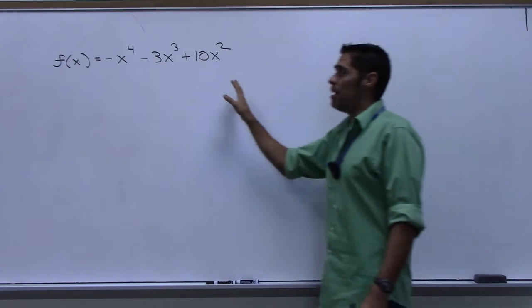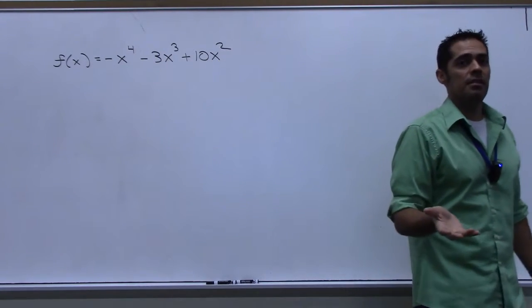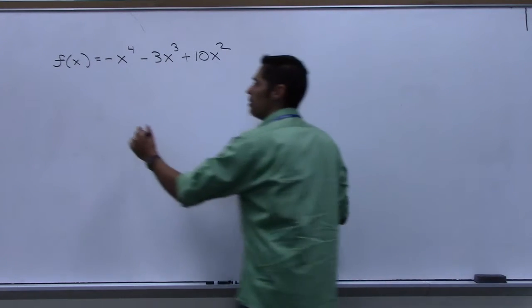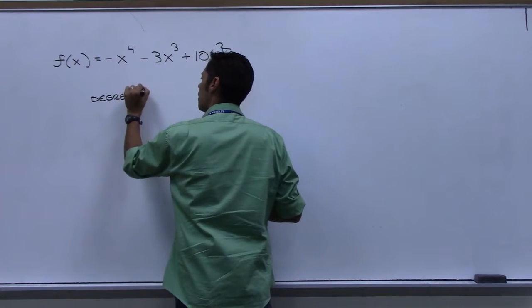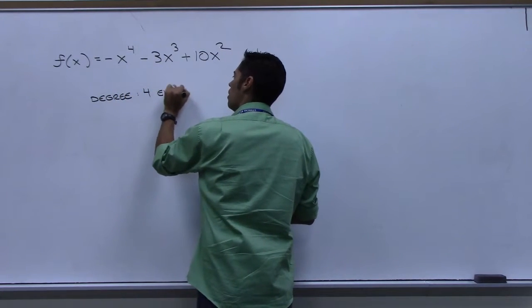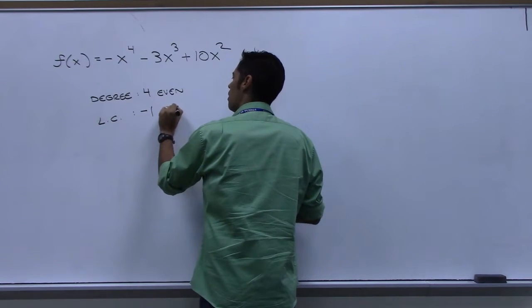Now the good news is that when it's not factored, the degree and leading coefficient are easy. What's the degree of this polynomial? Degree is 4, which is an even number. What's the leading coefficient? -1, which is a negative number.